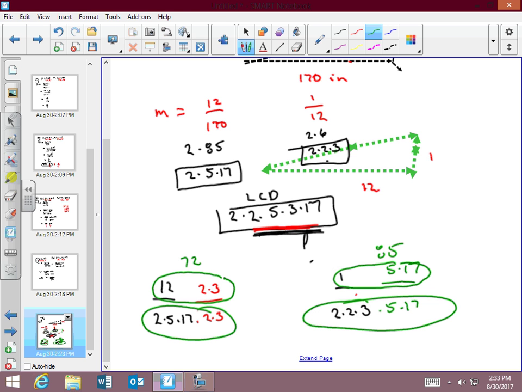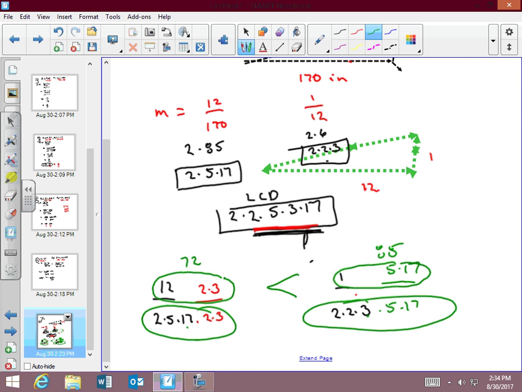Now, is 72 over this denominator greater or less than 85 over that denominator? Which is the smaller fraction? 72, right? So this one is less than that.